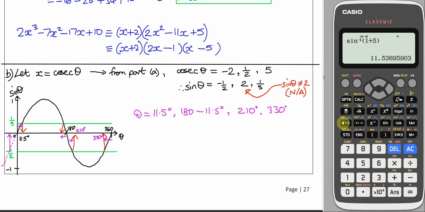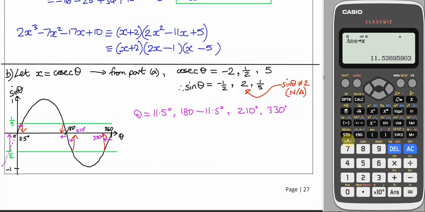So I'm just going to store that 11.5 under x. So x at the moment is 11.5. So sine of x should give me, oh, what have I done wrong? Let's bring that back. Okay, I think I stored the wrong number. So store 11.5 under x.